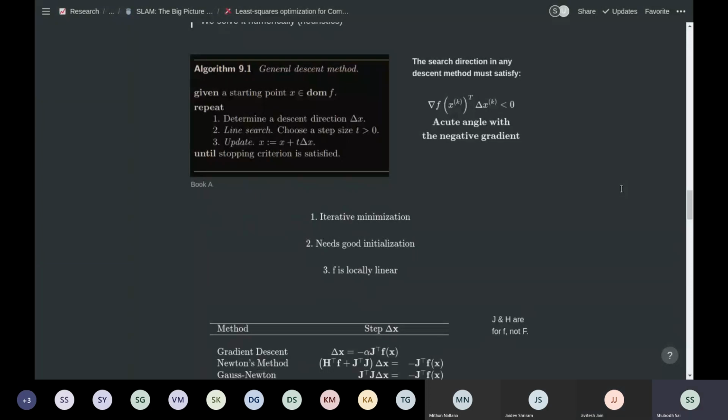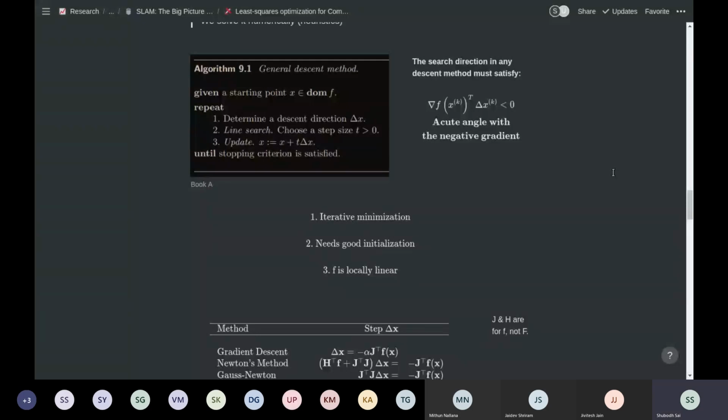Since we are doing iterative minimization, you start at, let's say, x naught, and then you do this update step and come to x1. When you're doing this update step, at x naught, in that particular region, you assume that your function is affine.